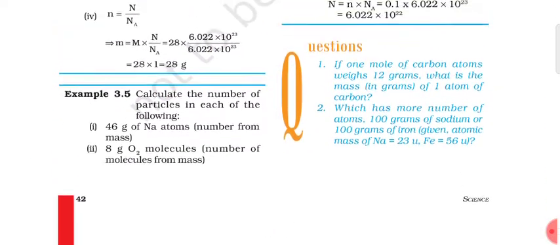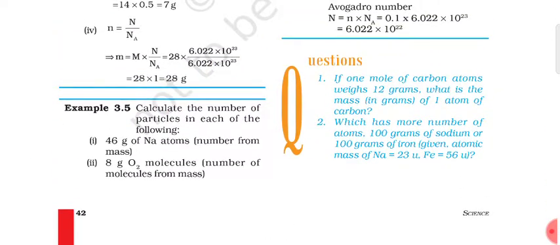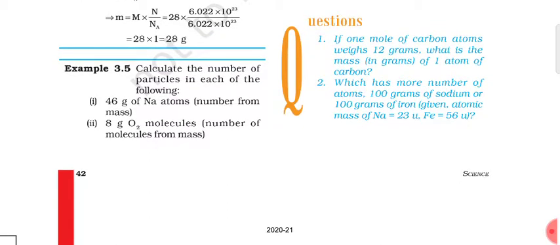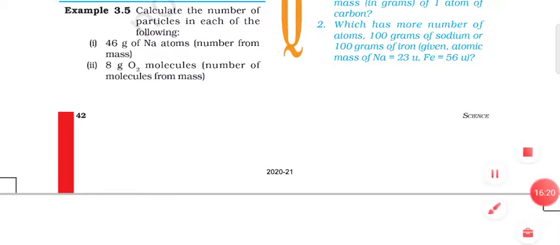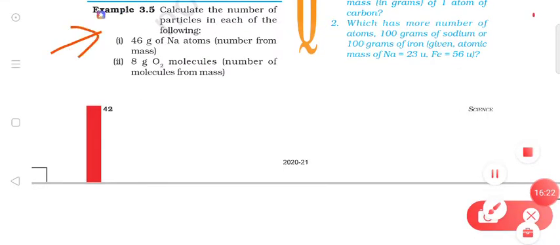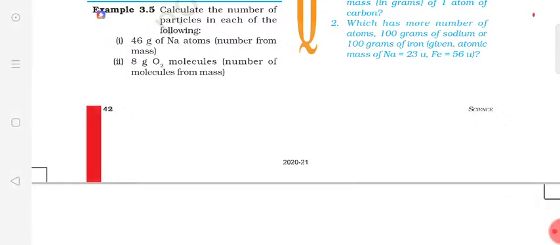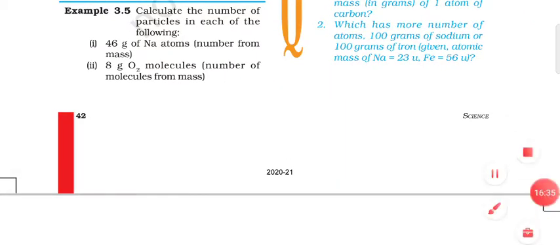Now let's look at the example number 3.5. Calculate the number of particles in each of the following. Okay, so we have been given 46 gram of sodium atoms, that is we have to calculate the number of particles from the given mass. So dear students, how do we need to change it?